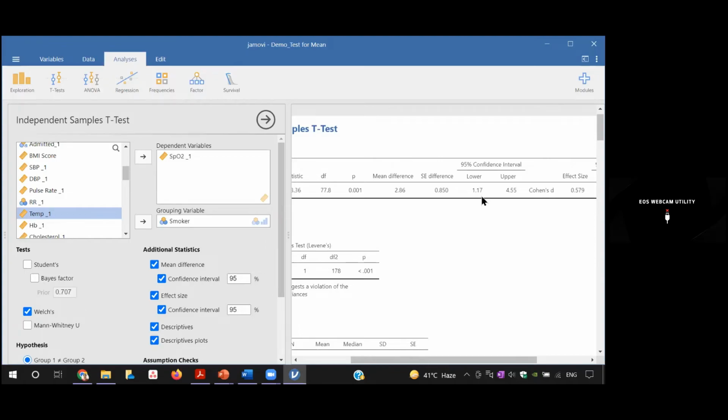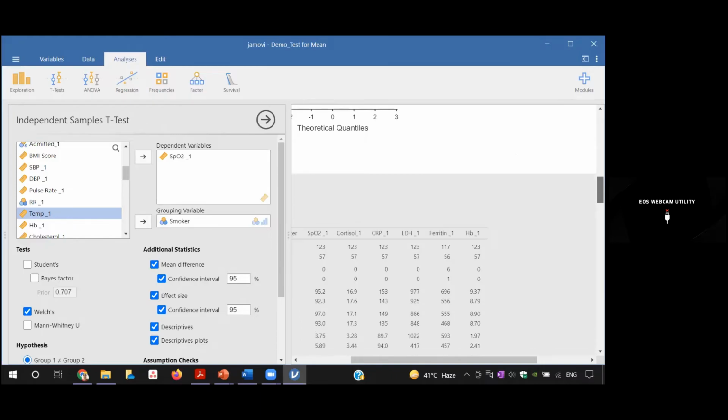In case of a ratio, like odds ratio, we say that it should not have one in between. So remember, 1 and 0. If the outcome is a difference, we say that 0 should not be there between the two values of the confidence interval. And if it is a ratio, we say that 1 should not be there. Is it okay?